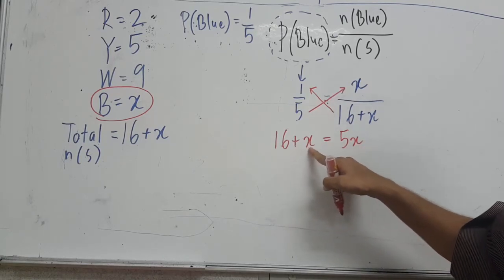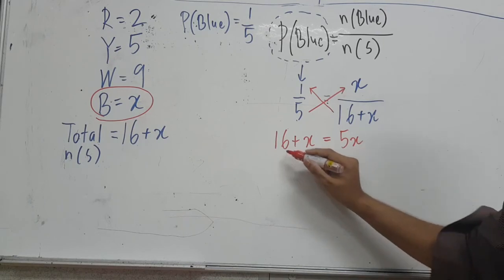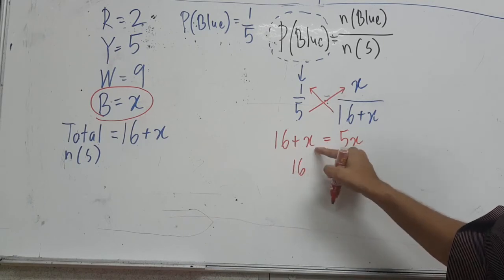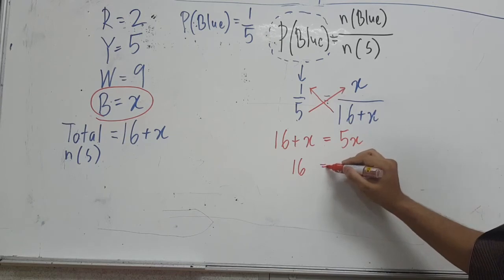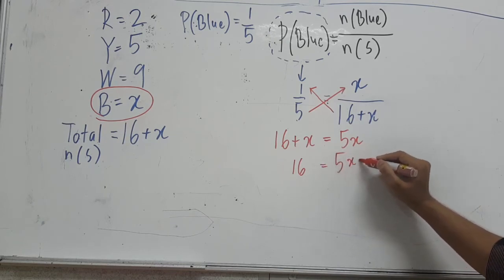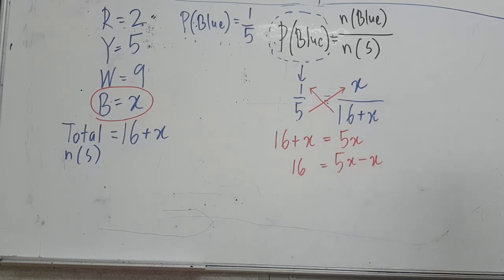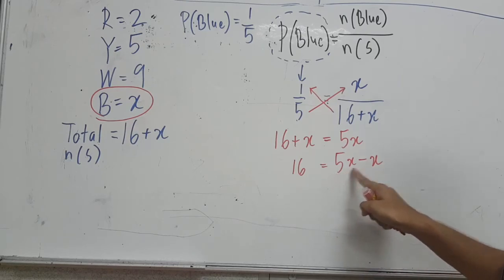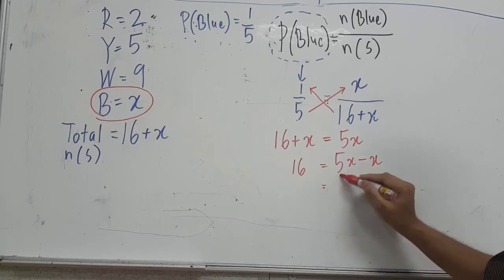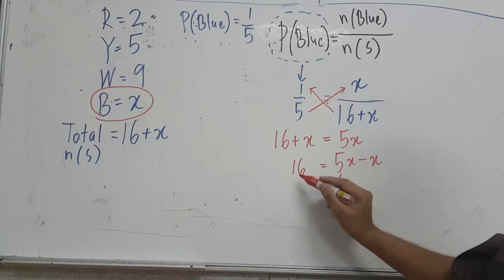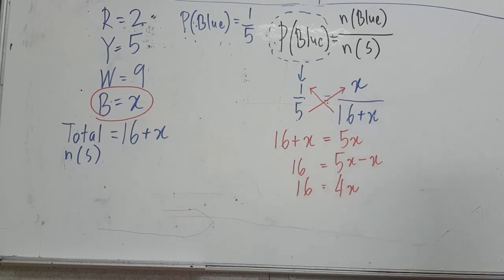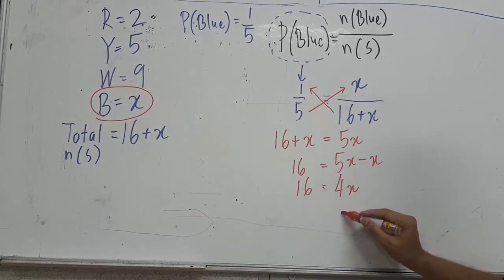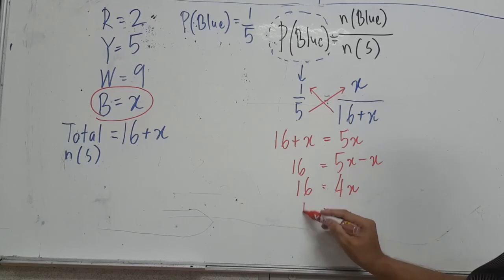The x here goes to the right hand side, so we have 16 equal to 5x minus x. 5x minus x becomes 4x, equal to 16. Then 4 goes to the left hand side and becomes divide by 4.